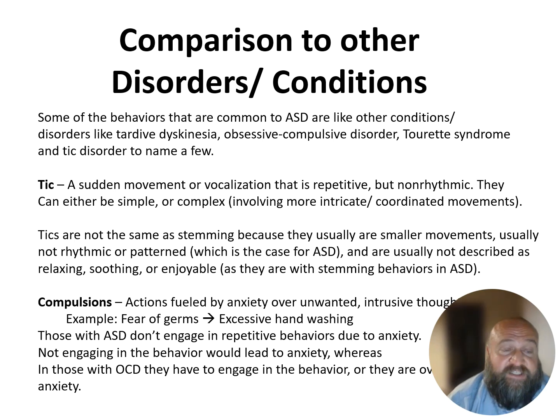For example, tardive dyskinesia, which is usually a side effect from taking certain medications, can lead to muscle movements and twitches. Obsessive compulsive disorder, OCD, sometimes has a focus on repetitive behaviors. Tourette syndrome sometimes can have verbal issues that come up that are similar to ASD.